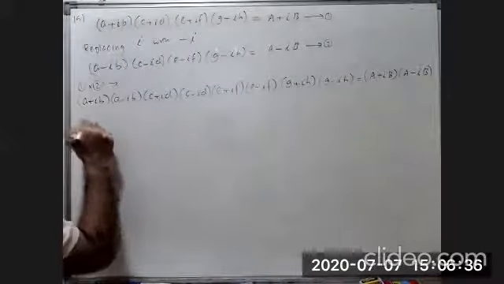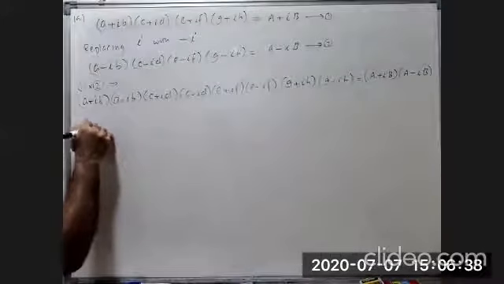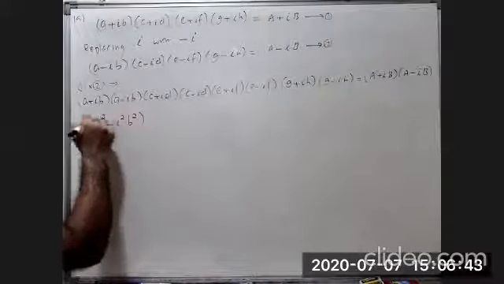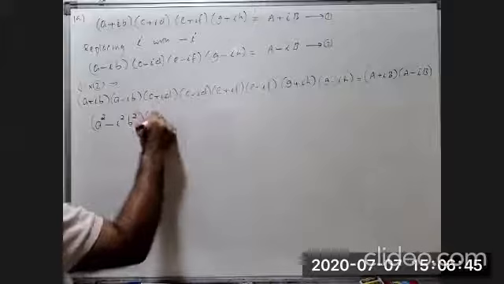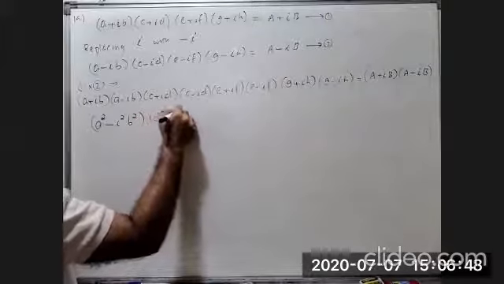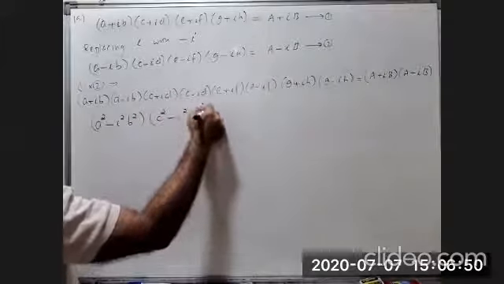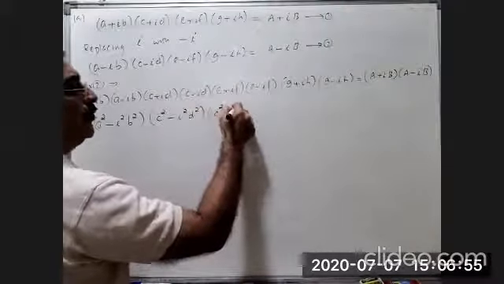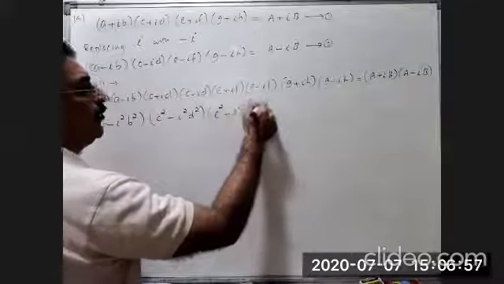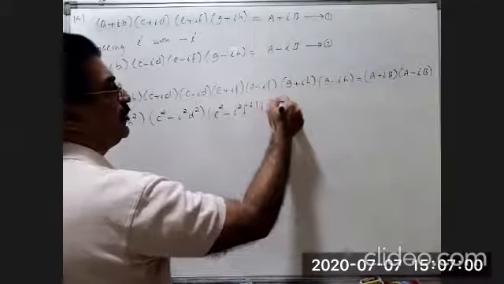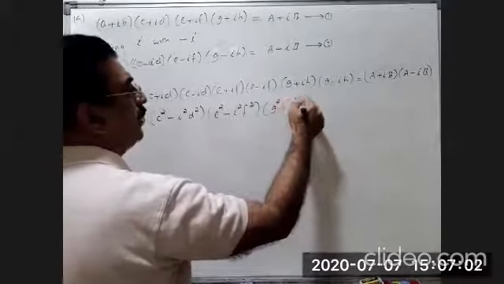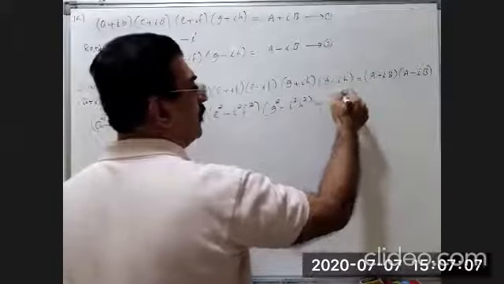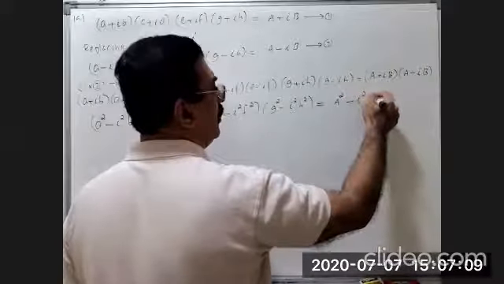Using the identity, (a plus ib)(a minus ib) is a square minus i square b square. (c plus id)(c minus id) is c square minus i square d square. (e plus if) gives e square minus i square f square, and g square minus i square h square, is equal to A square minus i square B square.